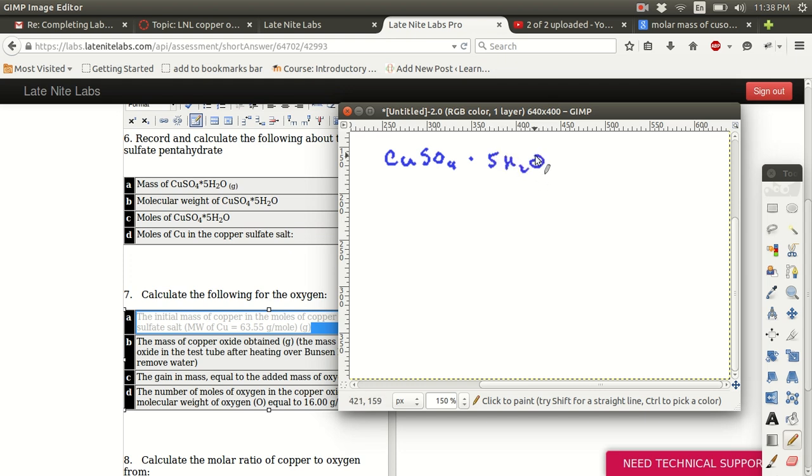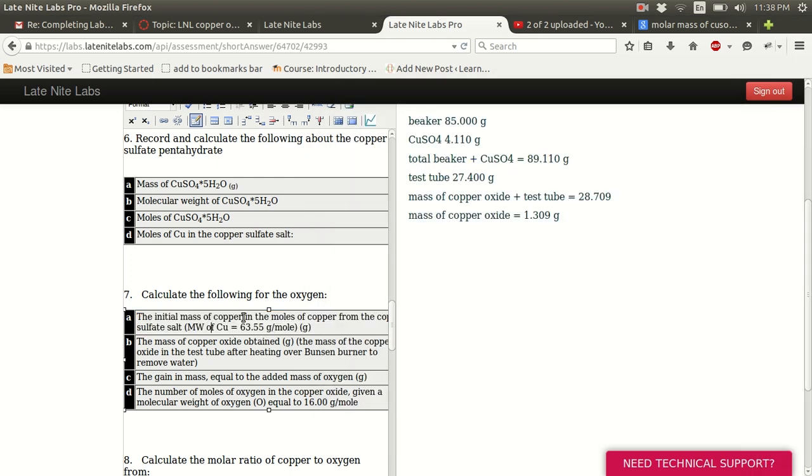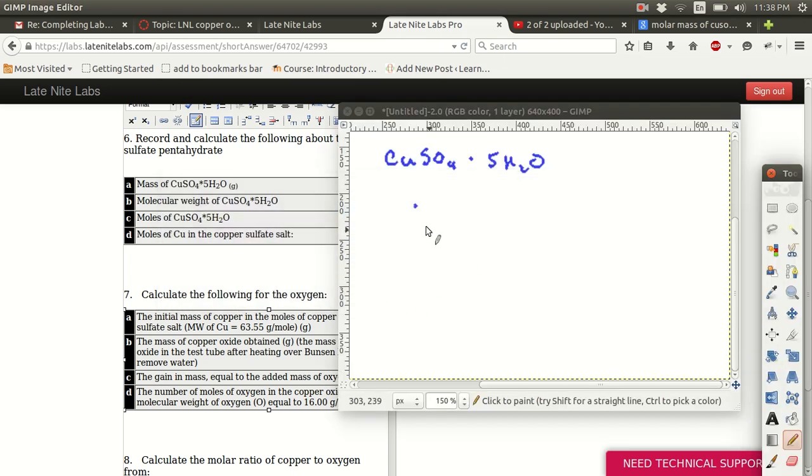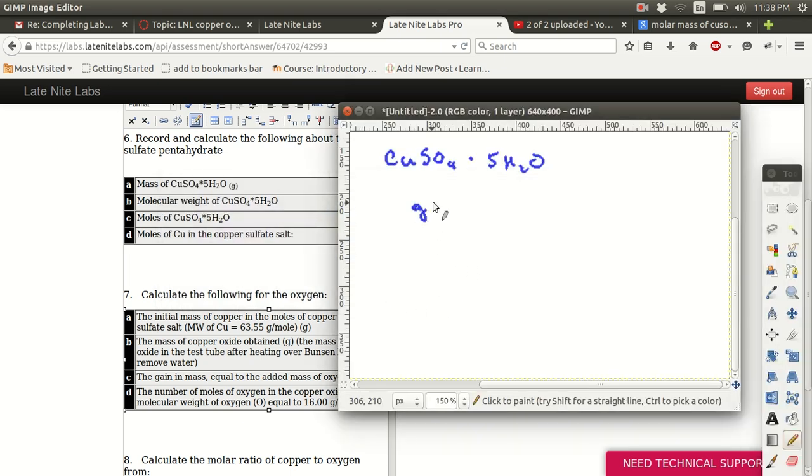They're asking how much mass, how many grams of copper was in this that you added, right? So we know that we want grams of copper because it says initial mass of copper. So I'll start with grams of copper. I know that there are 63.55 grams of copper in 1 mole of copper. It says so right there.